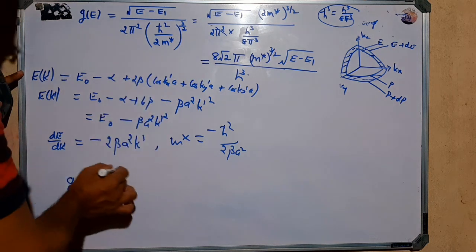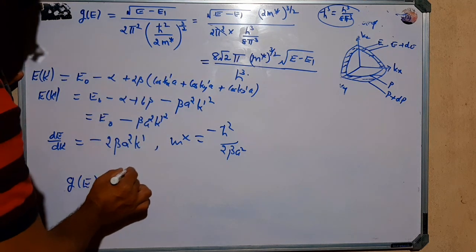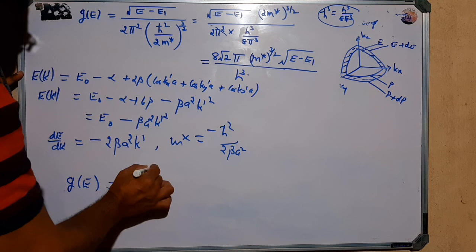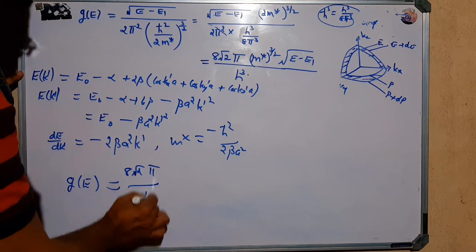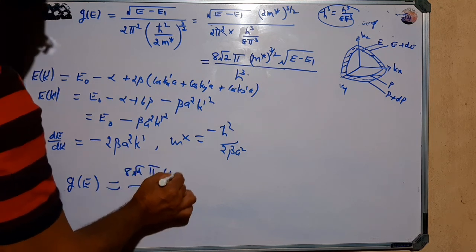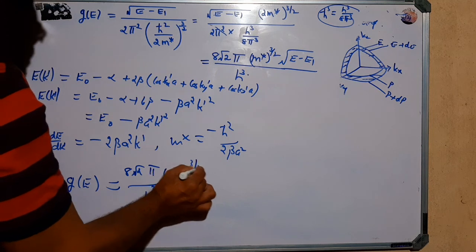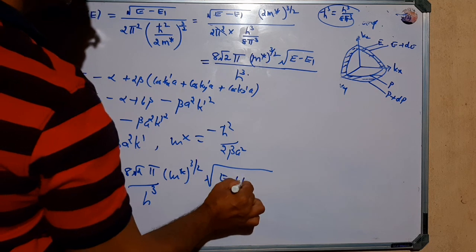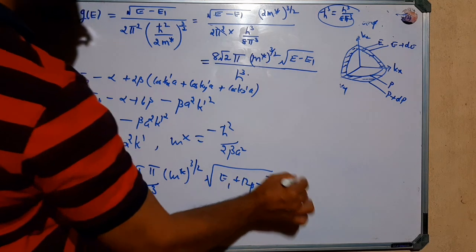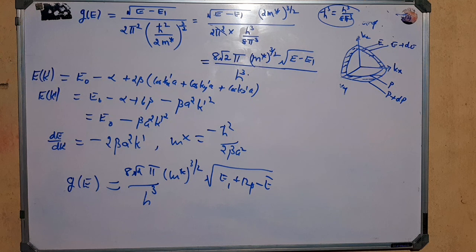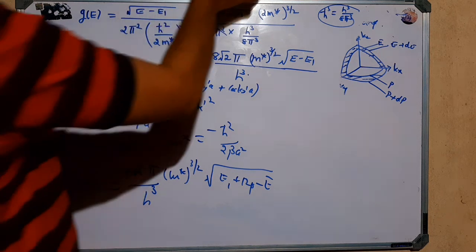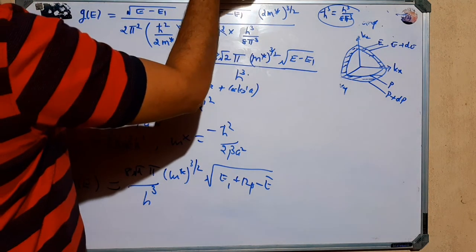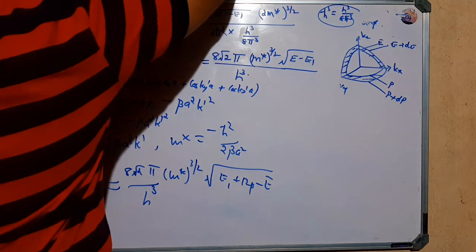It is 8 root 2 pi divided by h cube into m star to the power 3 by 2 into square root of E1 plus 12 beta minus E. This is the expression for density of energy states at the top of the energy band.